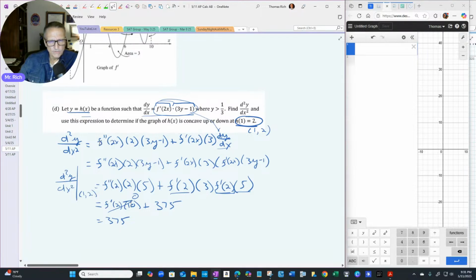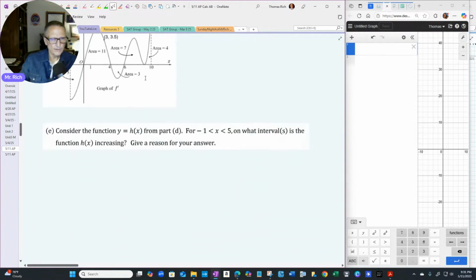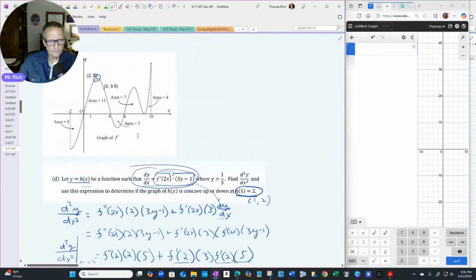Okay, so what we would want to do is set the derivative equal to 0. So the key here is going to be to find the critical values. So what we want to do is take the dy dx and set that equal to 0 and solve it and find those values.